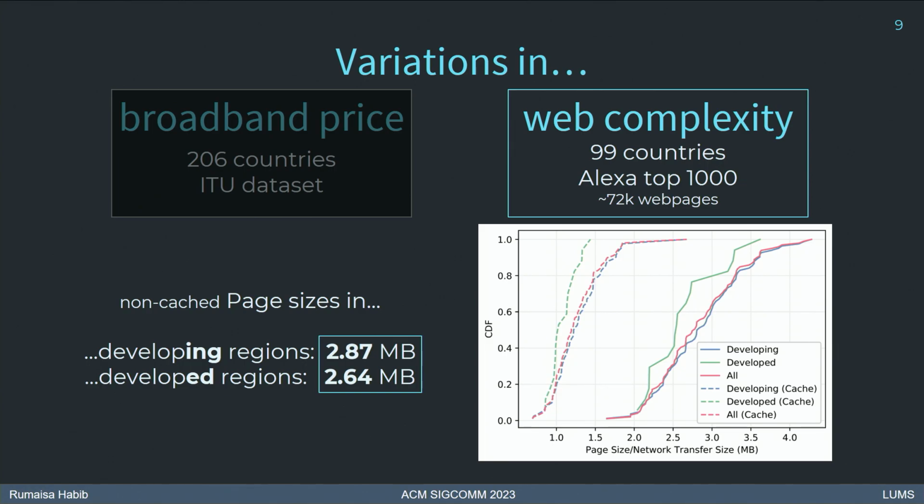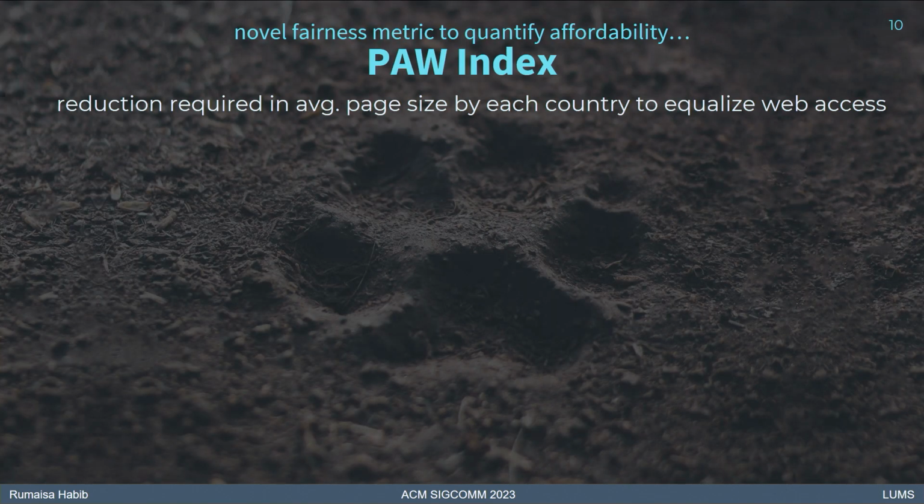Our data suggests that it costs more to access web pages in developing countries, considering their income levels. So to quantify affordability on both those fronts, we propose a novel fairness metric, the PAW index. What it's essentially telling us is the reduction required in average page size in a region to equalize web accesses around the world.